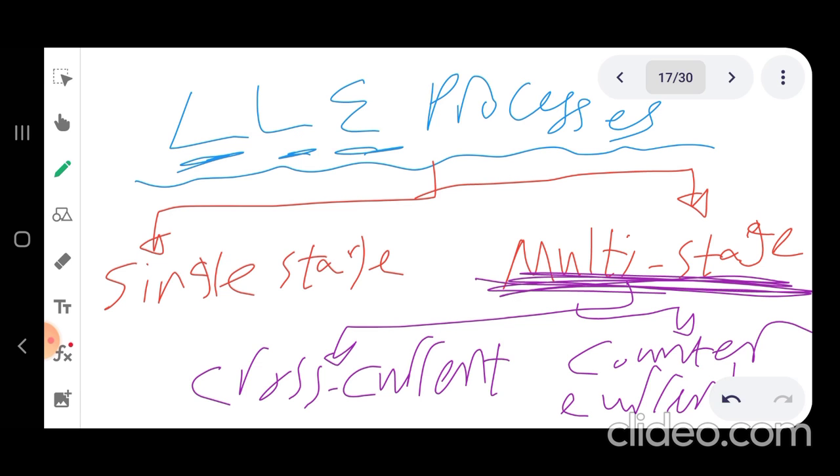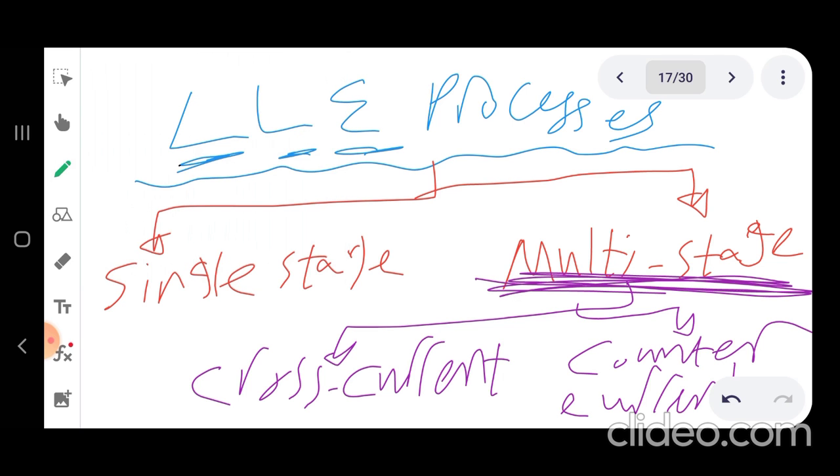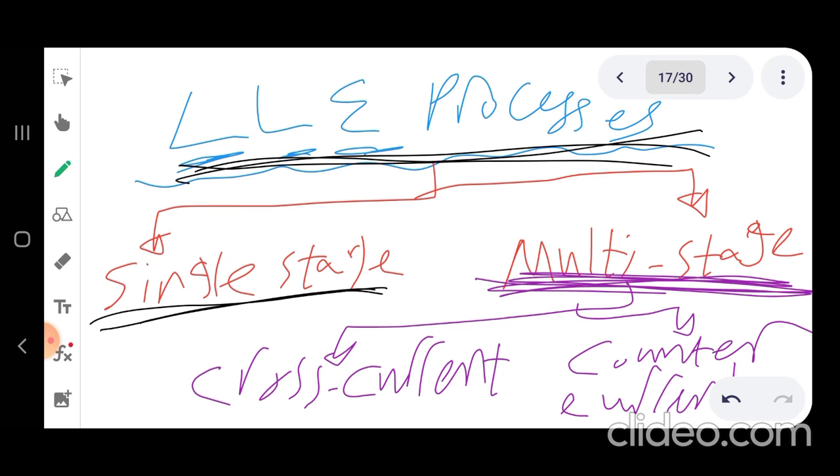So again, of the many types of liquid extraction process, two are single stage and multi-stage liquid extraction. The multi-stage has two modes. The first mode is cross current. The other mode is counter current.